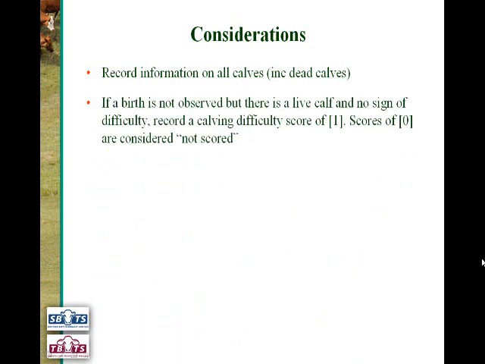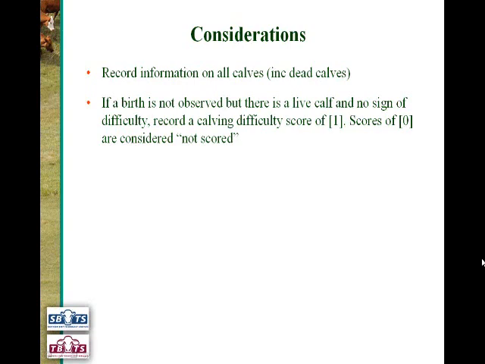The next consideration, this is just a common misconception, is there's been problems in the past. If people haven't actually observed the birth themselves, observed the calving, then they have been putting that down with a score of 0. In the past, the description of that calving difficulty score of 0 was unobserved. What we're looking at, even if you haven't observed the calving, but you're going around and there's a perfectly happy live calf with no sign of calving difficulty when you go to check them in the morning or at night, then you'd be recording that as an unassisted birth.